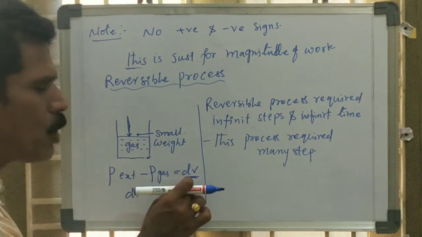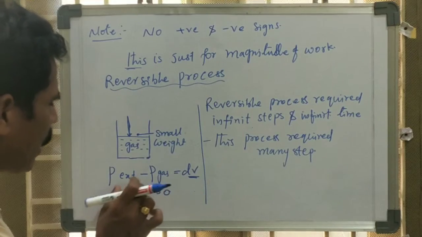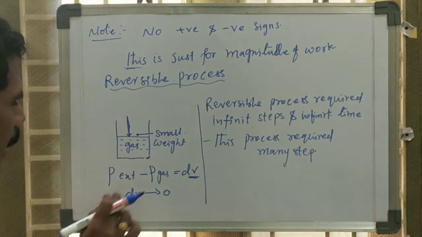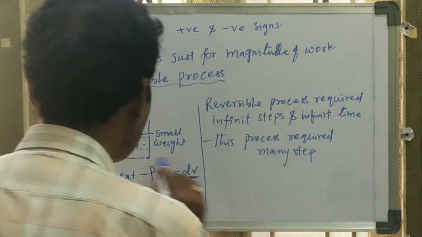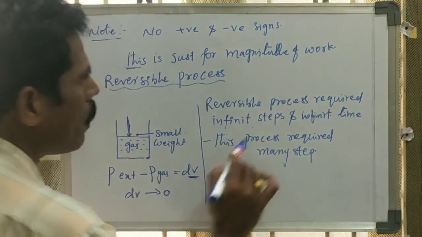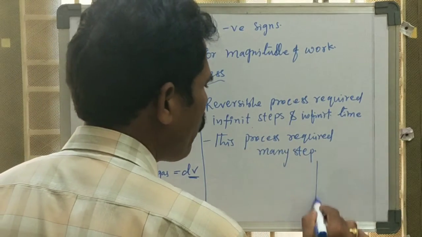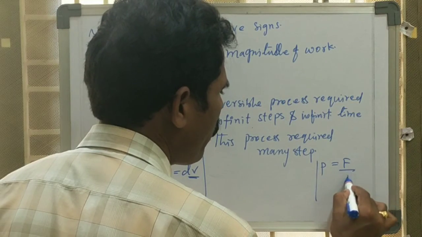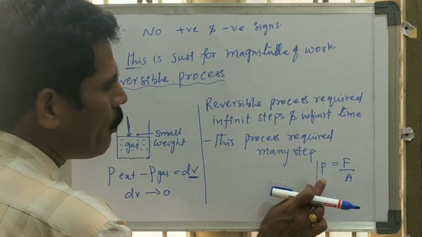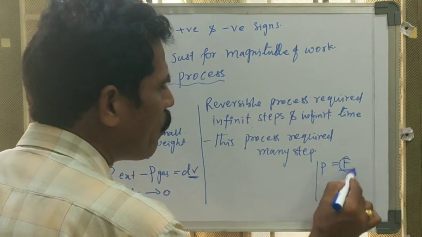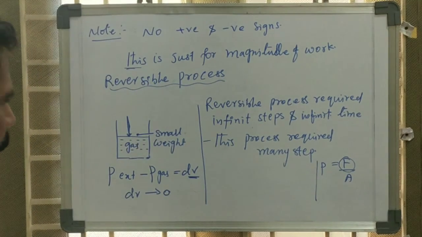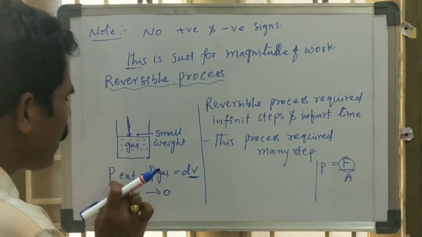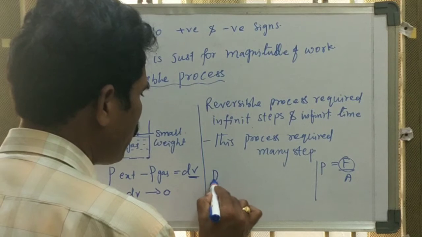dV means a small change in the volume, so that a slight difference takes place. We can write one more. Pressure equals F by A, so instead of pressure, the force can be used. The external pressure means driving force.